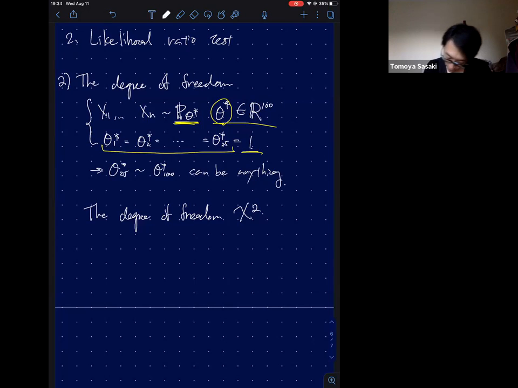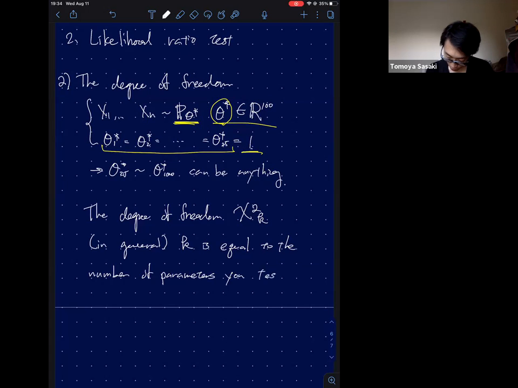Yeah, but I think it's okay to say in general that K is equal to the number of parameters you test. So K is equal to the number of parameters you test.